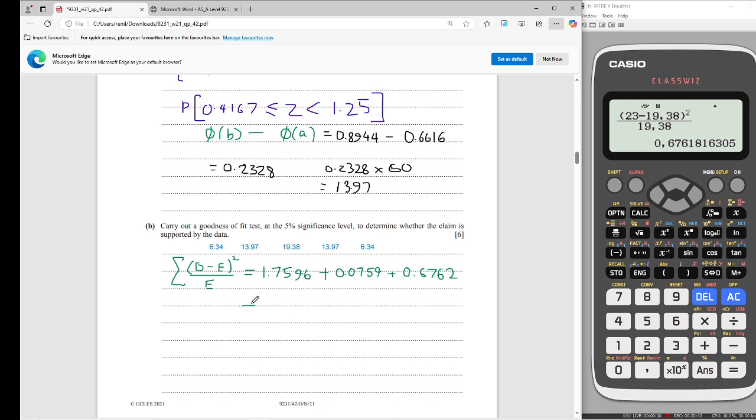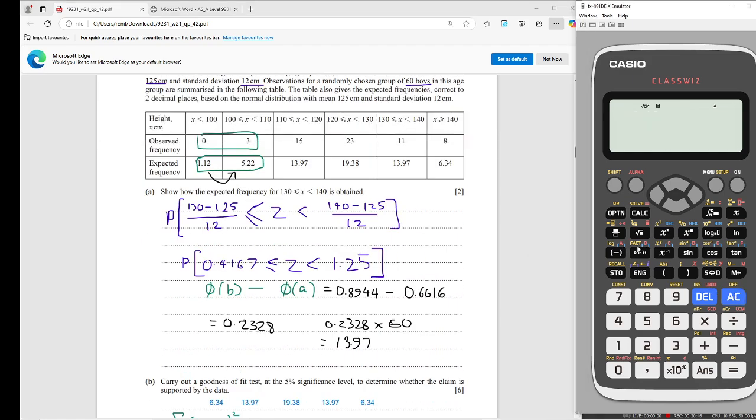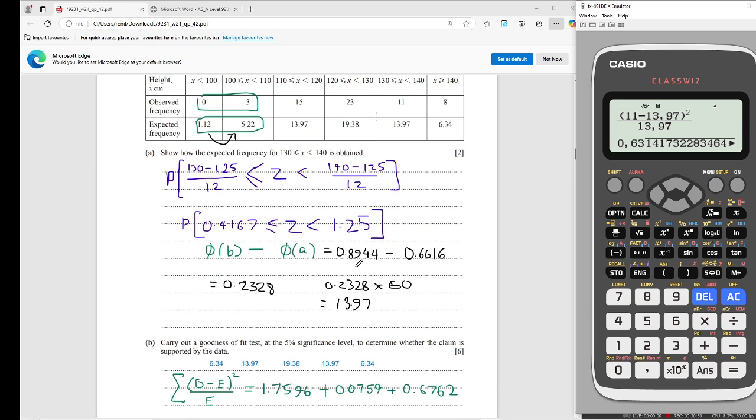Okay, and then next up we have to do for these last two values here. So 11 minus 13.97, then we whole square the difference divided with 13.97 itself. So it's going to be 0.6314.